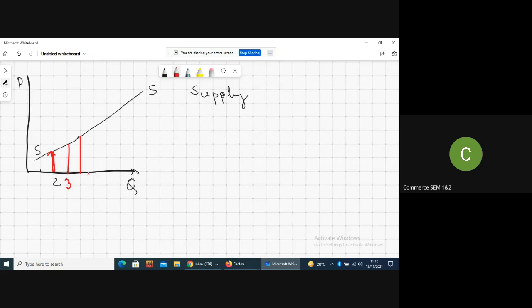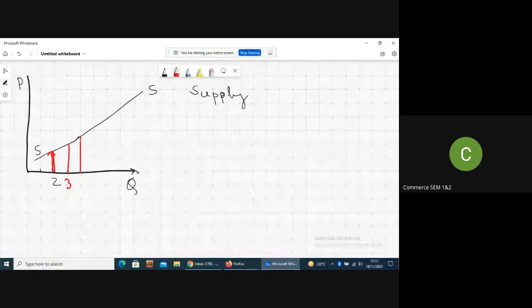So these vertical distances are called the minimum willingness to accept, the minimum price the sellers will accept. They may be happy to receive a higher price, but unless they receive this much price, they will not sell their commodities.